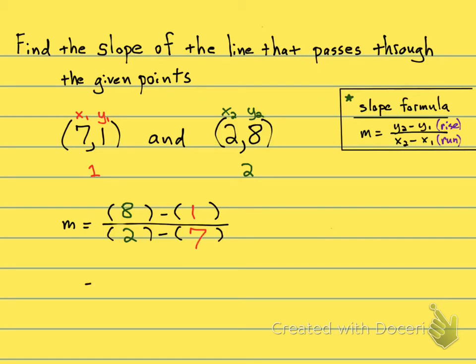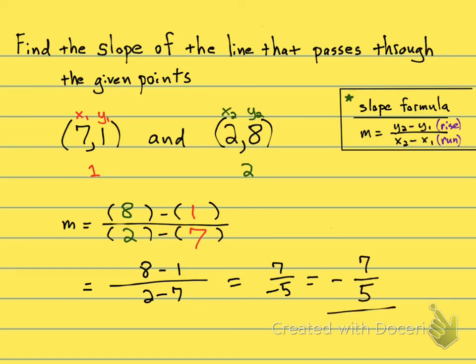All right, so we have in the numerator 8 minus 1, and then the denominator 2 minus 7, and that is going to give us 7 over negative 5. Now we don't want to leave this negative in the bottom. It's okay if you do, but math people like to put it out there in front. So we're looking at one number that is negative. Negative 7 over 5.